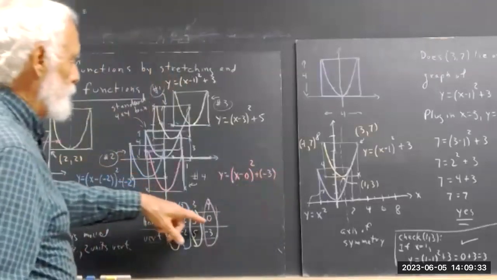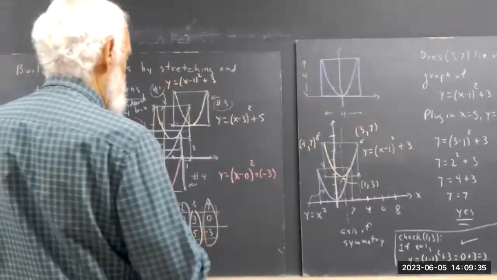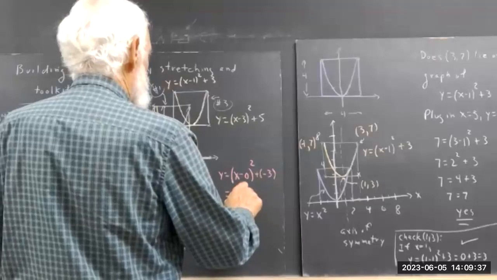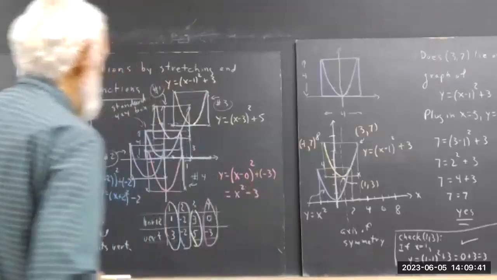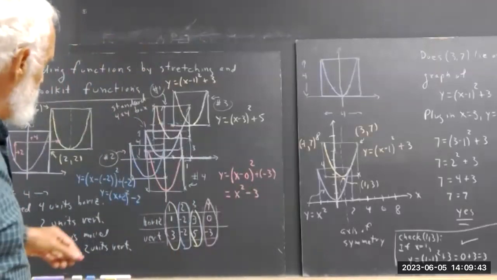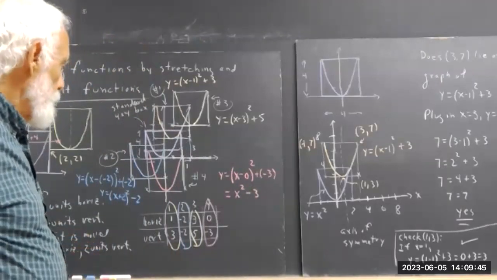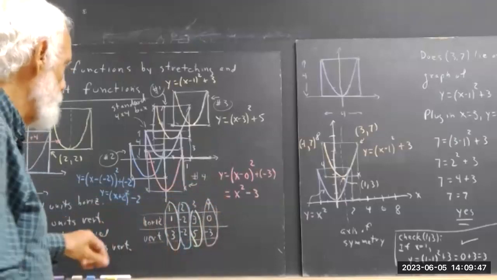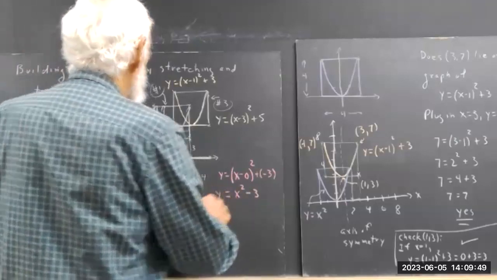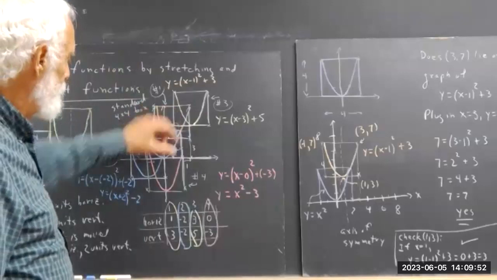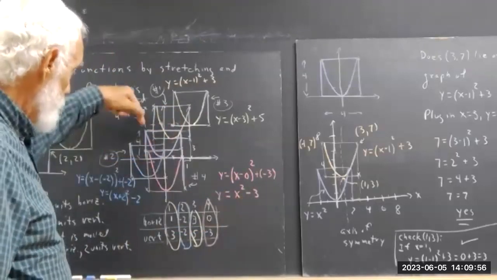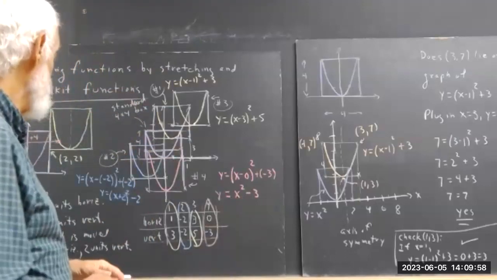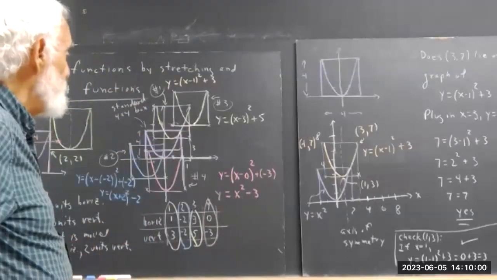It's x minus 0 squared plus -3, which is just x squared minus 3. And that makes good sense. Here's our x squared graph. If all our y values become 3 less than x squared, they're going to move down 3 units and give us this red graph.